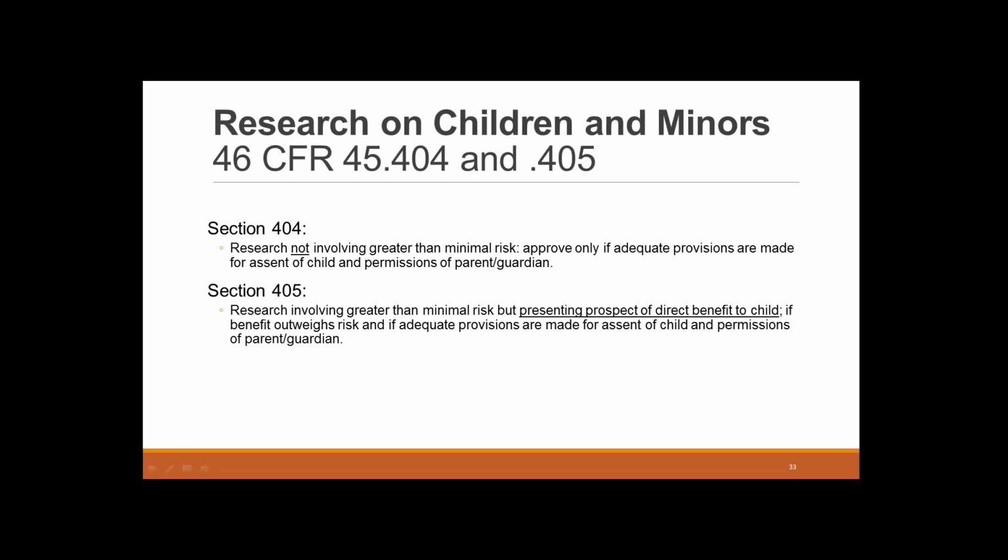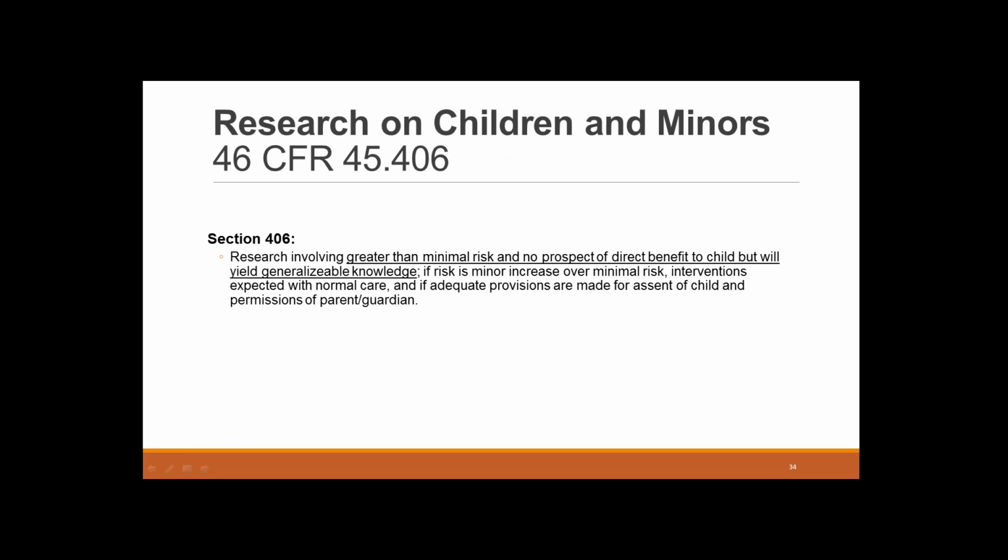So research on children and minors: Section 404, not involving greater than minimal risk, the child can assent with permission of the parent or guardian. The next category, much more serious, involves greater than minimal risk but presents prospect for benefit to the child. Benefits must outweigh the risks, with provisions for consenting and assenting.